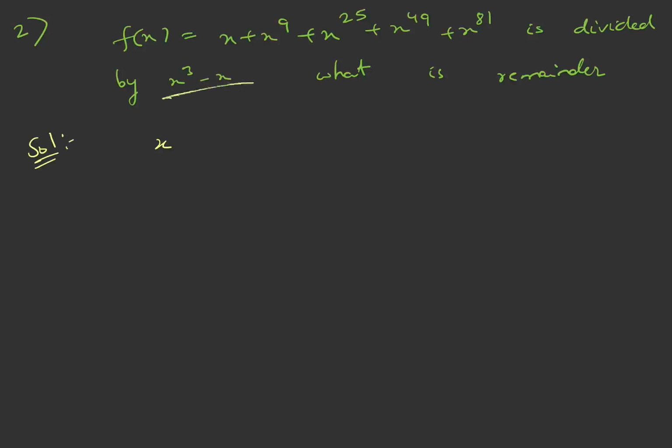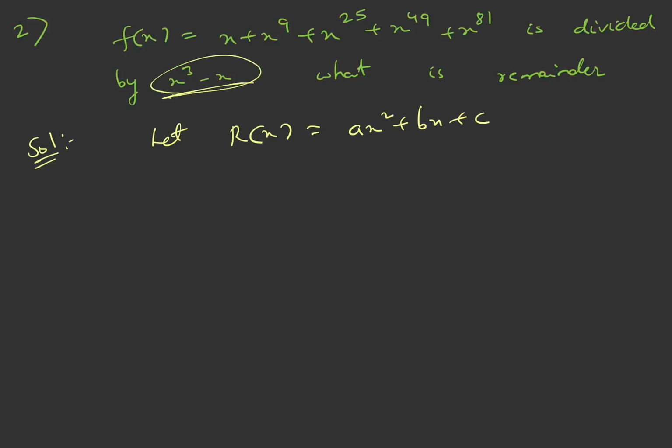But here it is divided by x cube minus x, so let us say the remainder is ax square plus bx plus c, right? Because the divisor is a cubic, the degree of the remainder should always be less than the degree of the divisor.